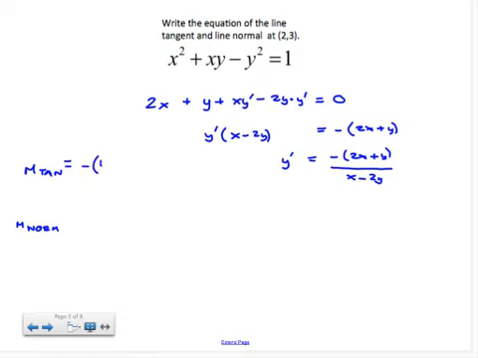The x-coordinate is 2, so that's 4, plus the y-coordinate, that's 3, divided by the x-coordinate, 2, minus 2 times the y-coordinate, 6, which comes out to be negative 7 over negative 4, which is 7/4.